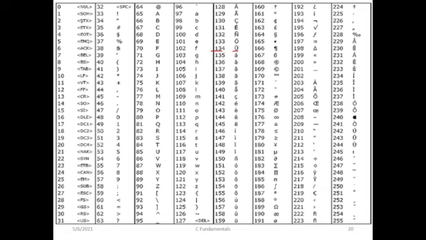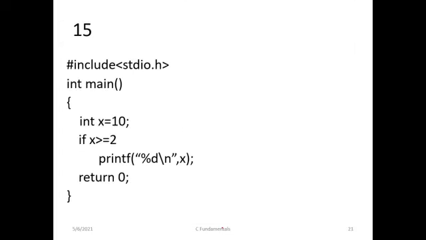These are all called escape sequences. It will do an action instead of printing a character, right? These are the characters. This is the ASCII table. This is a standard one, American Standard Code for Information Interchange, that is called ASCII.